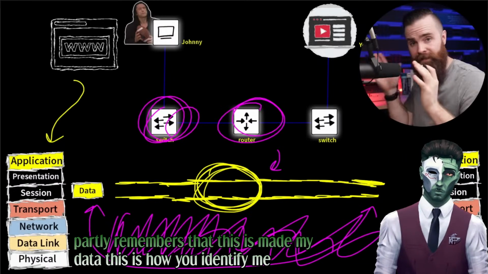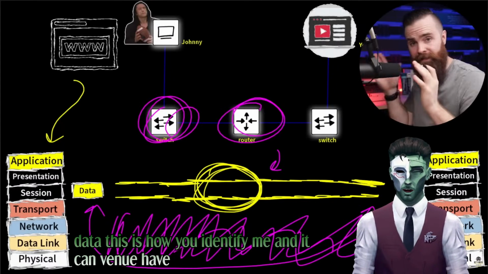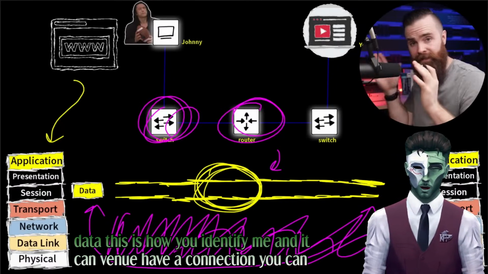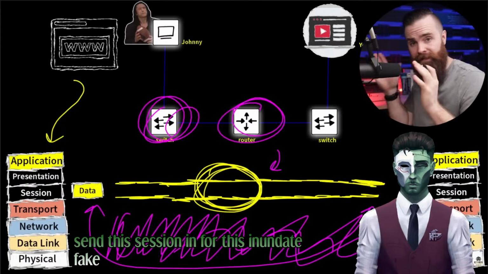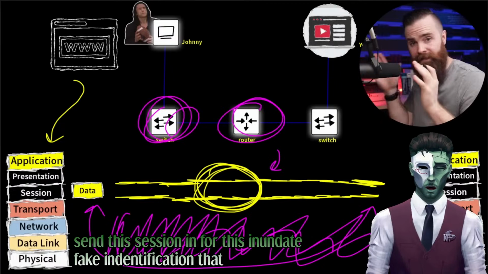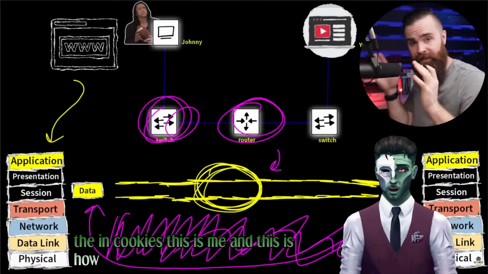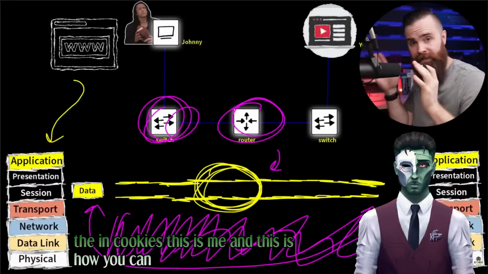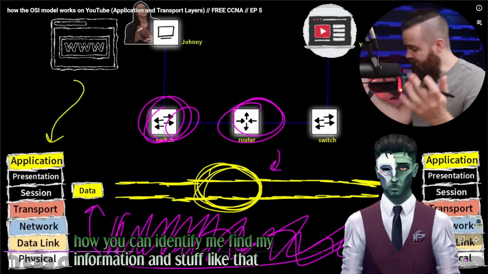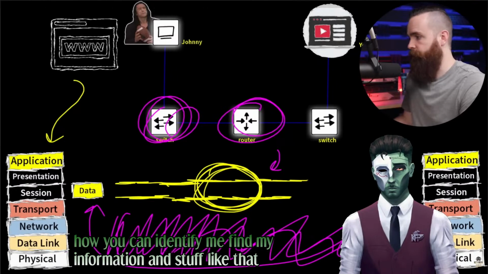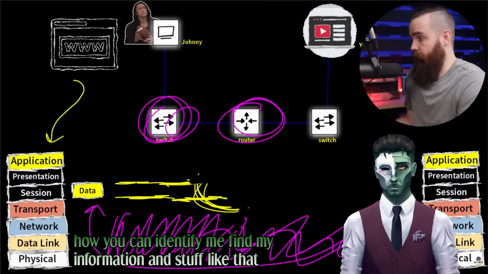When you have a connection, you send this session info, this identification that's usually stored in cookies, that this is me, and this is how you can identify me and find my information and stuff like that. When it's done, he tears it down, ending the conversation. And the session layer does this for any communication that the application has with anything else.